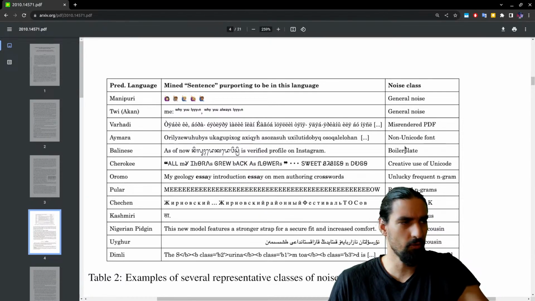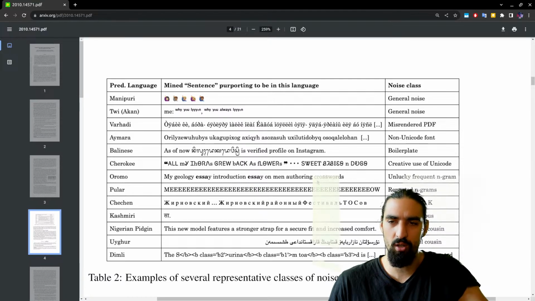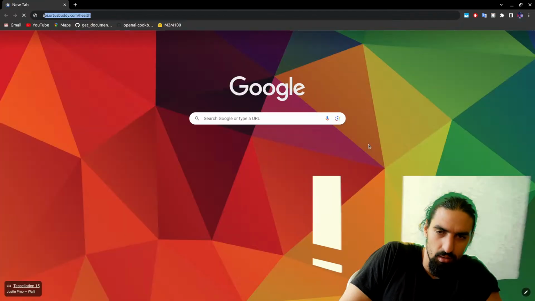Isn't everything a part of Unicode? Boilerplate. Creative use of Unicode. My geology essay introduction, essay on man authoring cross. Unlucky frequent n-gram. Repeated n-grams. And speak. What's and speak?